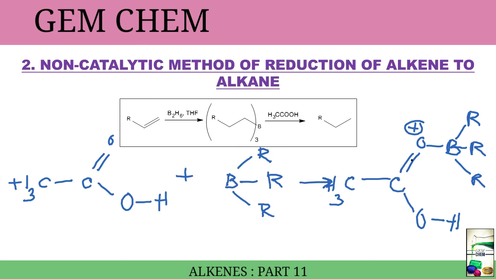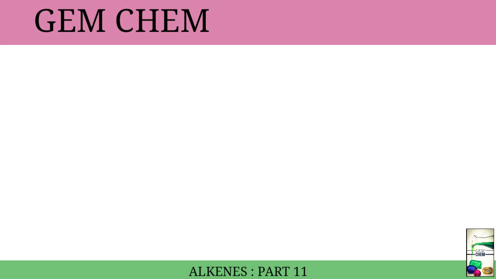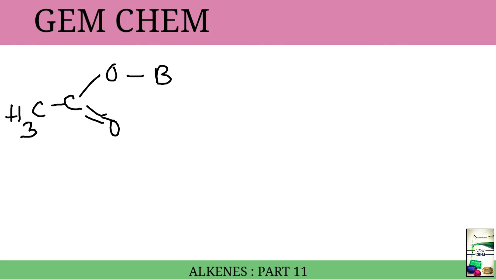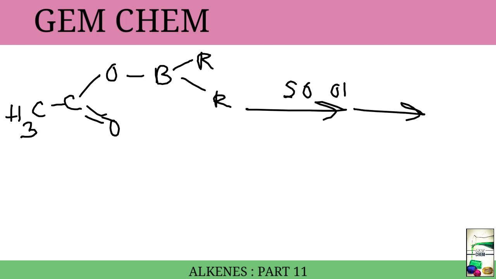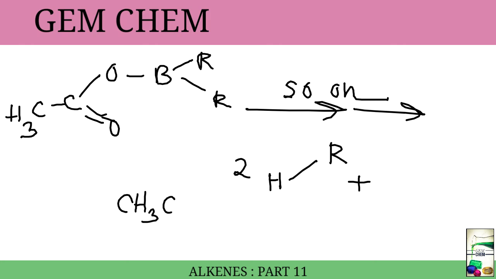Now this bond will go to this side and one R will migrate to the boron center and this H will give up to O. So ultimately what we obtain, let us see, we will obtain C double bond O CH3 O B R and R, and this continues just like previous examples, and we obtain 2 HR plus CH3COO whole to B.